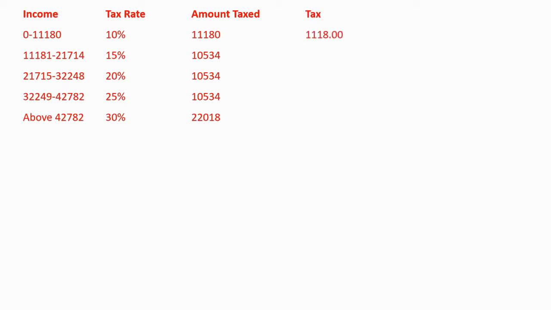Therefore, we have 1,118, 1,580.10, 2,106.80, 2,633.50, and 6,605.40. Then the gross tax will be the summation of the respective tax per bracket, and you obtain 14,043.80.